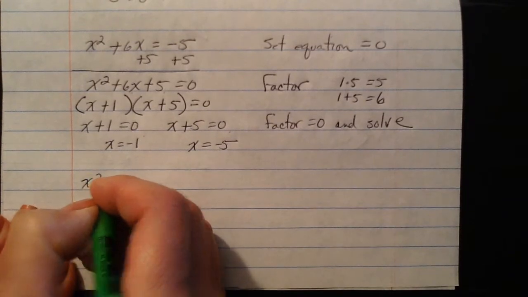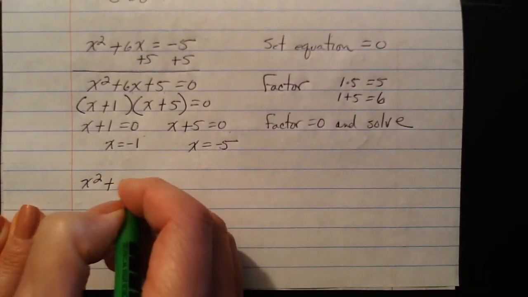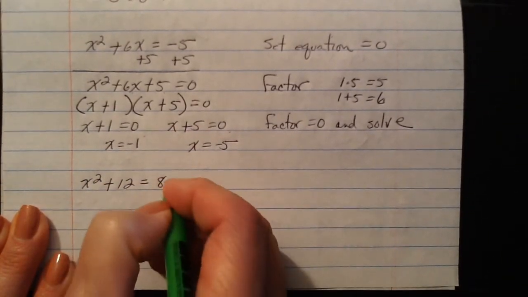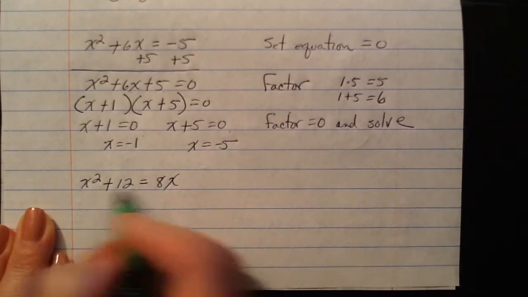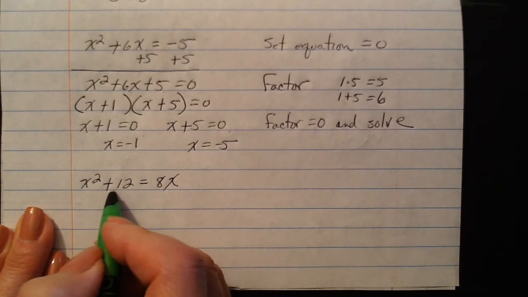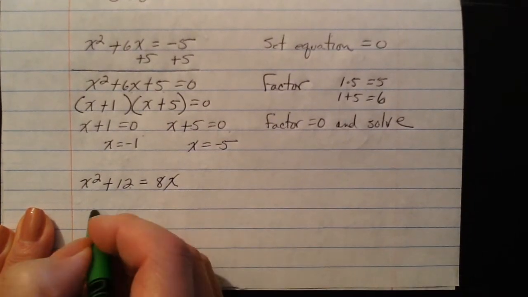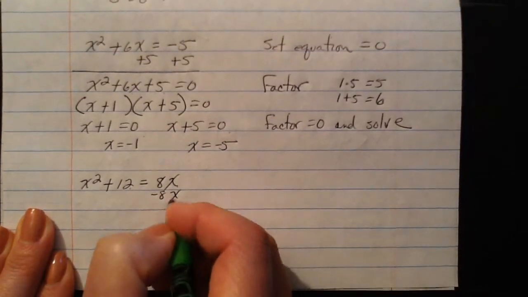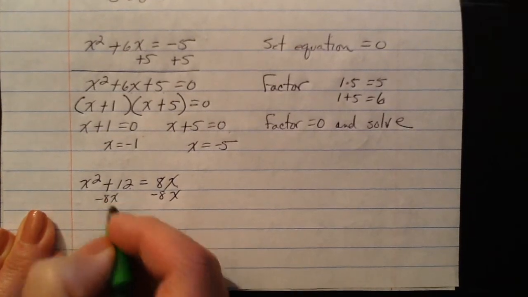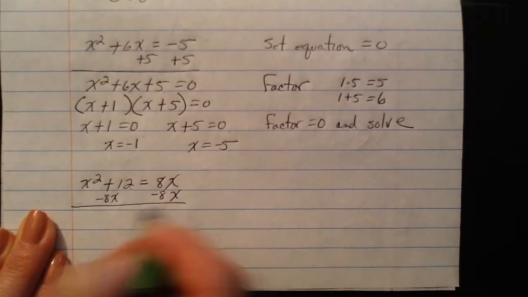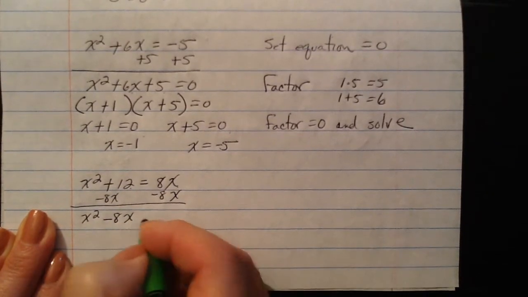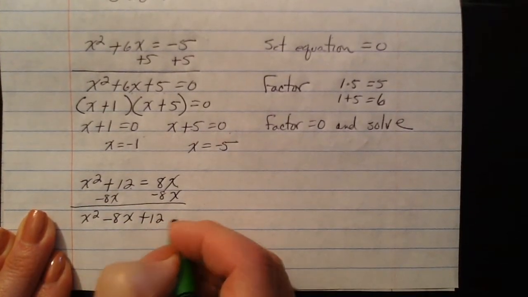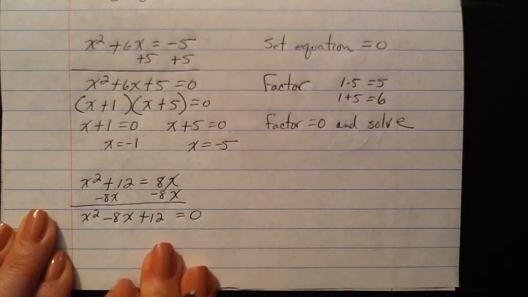X squared plus 12 equals 8x. All right, now I want this in standard form, so I want x squared, then I want my x term, then I want my constant. Minus 8x. X squared minus 8x plus 12 equals 0.